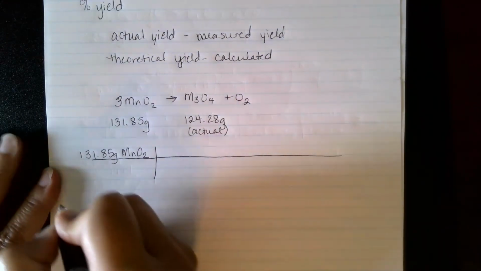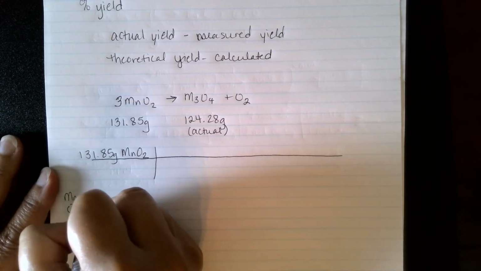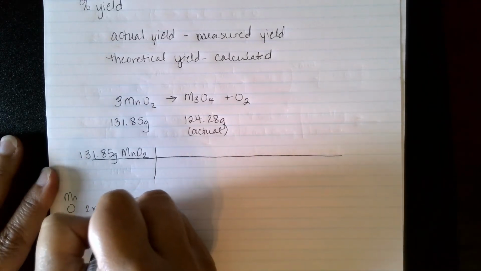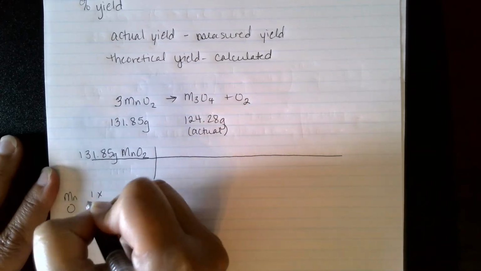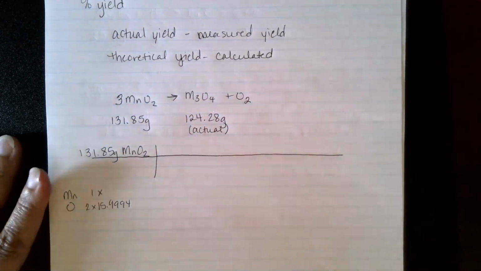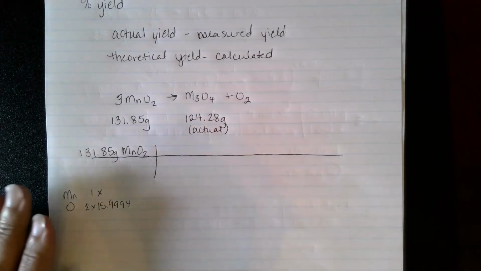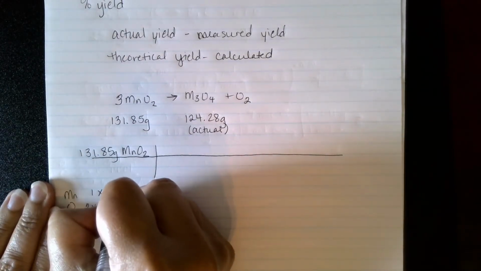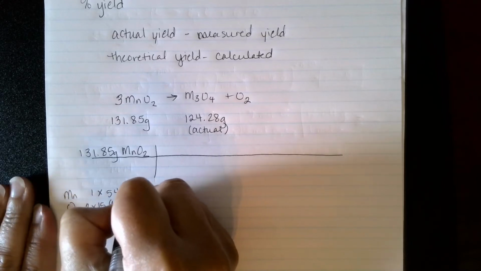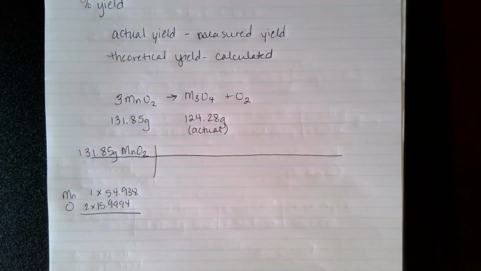So the first one is I'm going to have to figure out my molar mass. Mn is not one I had memorized. 54.938. And then we'll add those together.